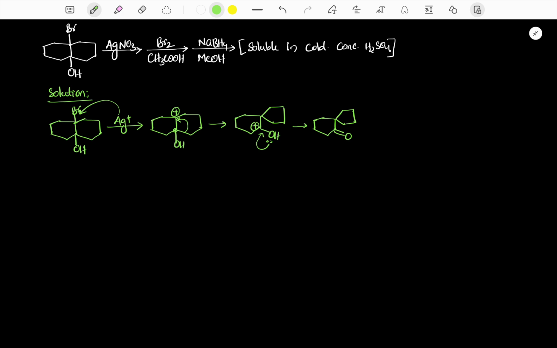Now the ketone is treated with Br2 and acetic acid. It is acidic medium and Br2 means Br+. So in acidic medium we are adding an electrophile to the ketone.